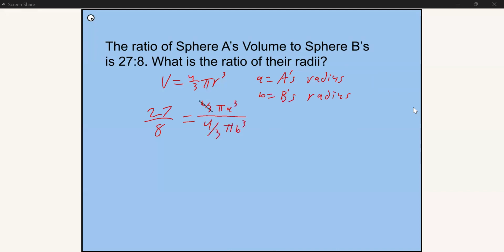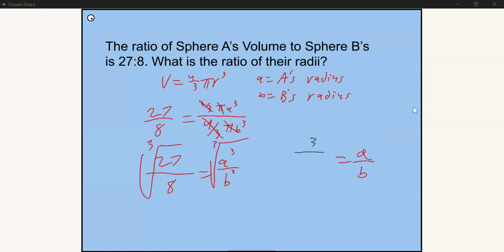And then the 4/3 cancel, the pi's cancel, and you're left with 27/8 equals a cubed over b cubed. And since a and b are both cubed, you can cube root everything to just get a over b. So a over b equals, the cube root of 27 is 3, and the cube root of 8 is 2. So your answer would be 3/2.